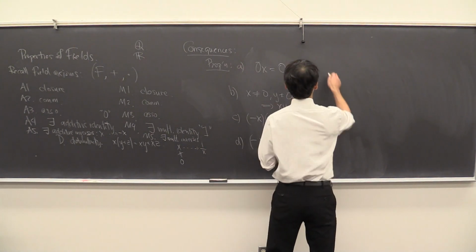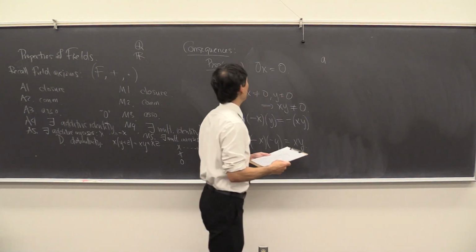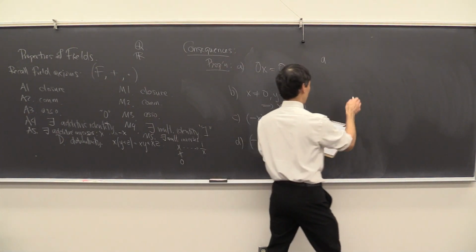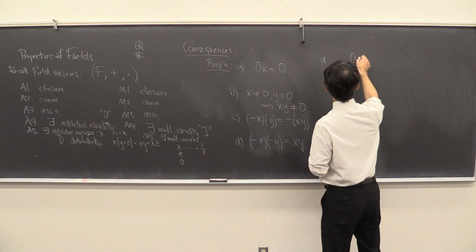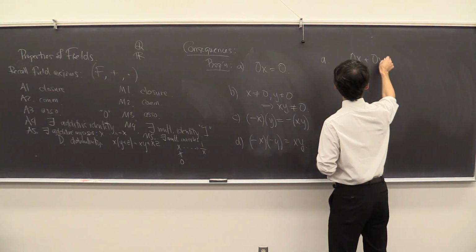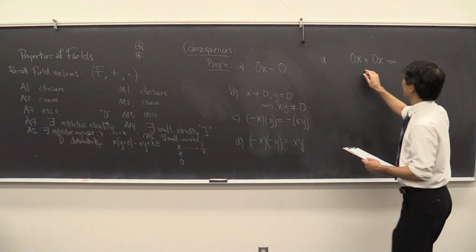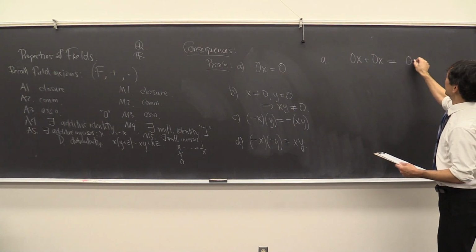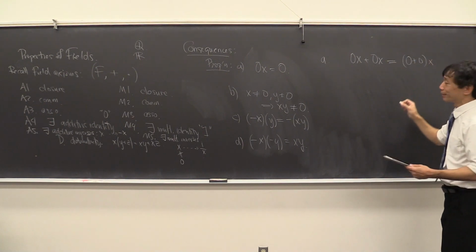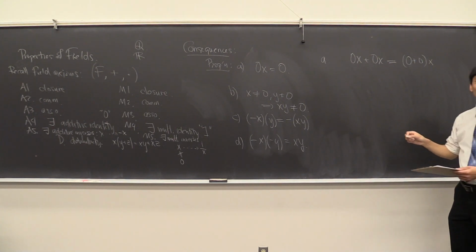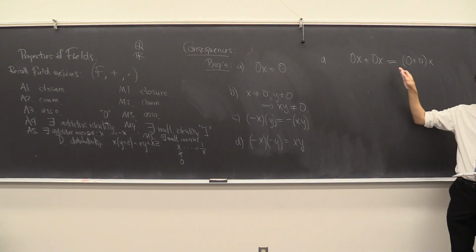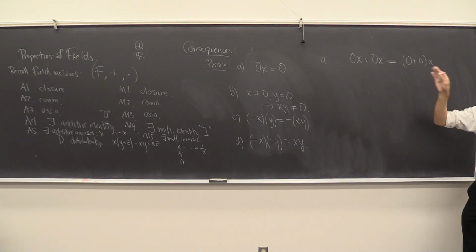Okay. So the first proof goes like this. You say, well, look, 0x plus 0x equals 0 plus 0x, right? So what are we using here? Distributive, right?